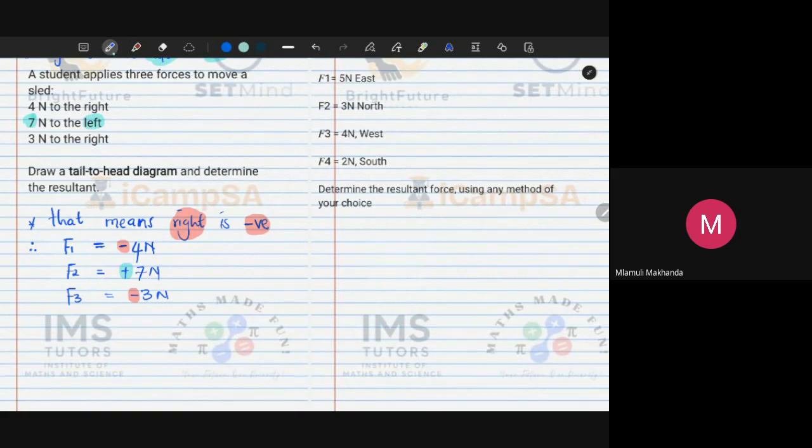Now find the resultant. Okay. Therefore, we can say F resultant. You can also call it FR, it's up to you. As long as you know in your mind that that is your F resultant. Because I know you can dread the process of writing F resultant. It's such a long word. Okay, F1 plus F2 plus F3.